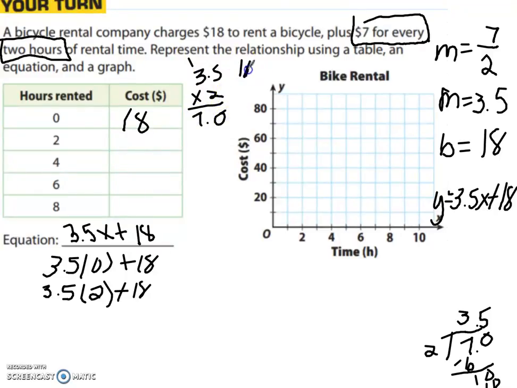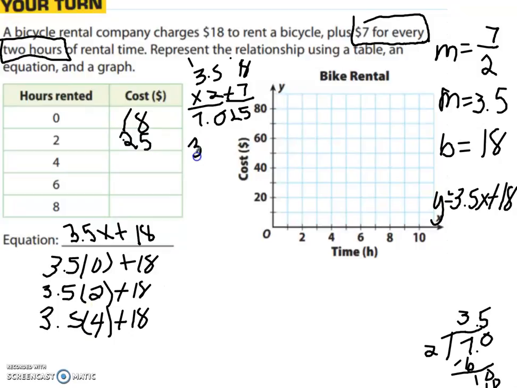So you have to do 18 plus 7. I get 25. All right, then we have to do 3.5 times 4 plus 18. So 3.5 times 4, 4 times 5 is 20, 4 times 3 is 12, 13, 14. So 14 plus 18, we're going to get 32.